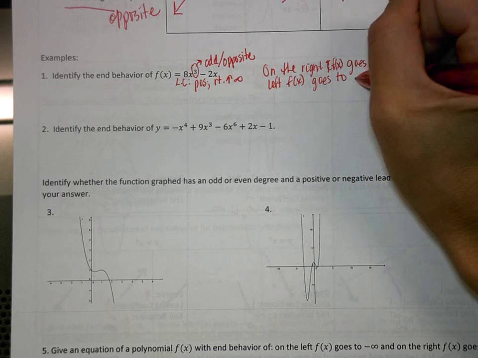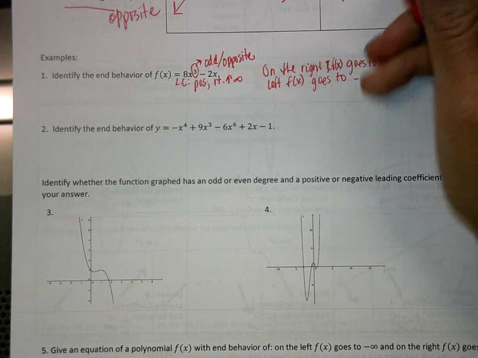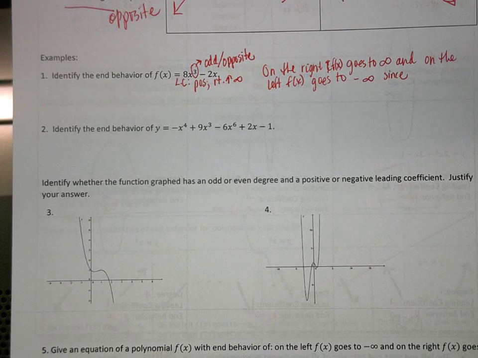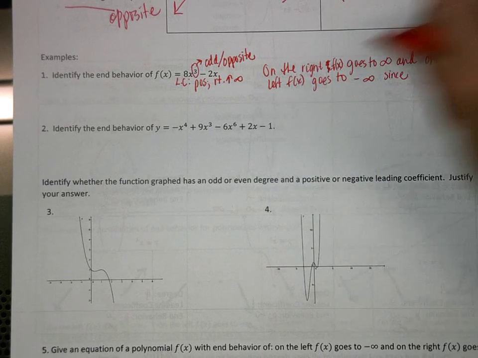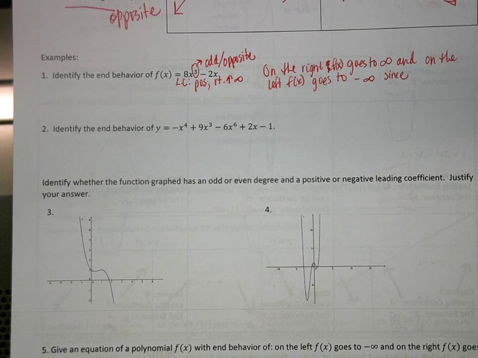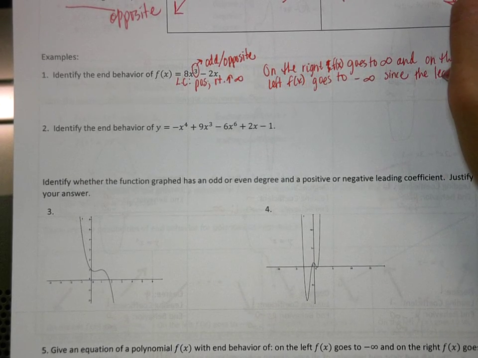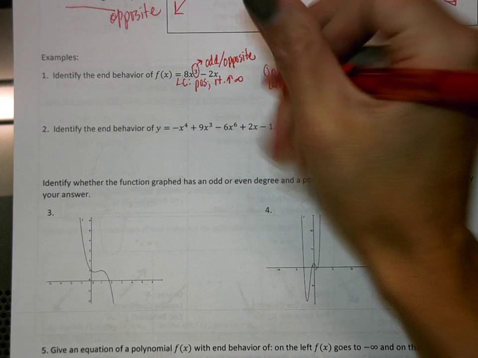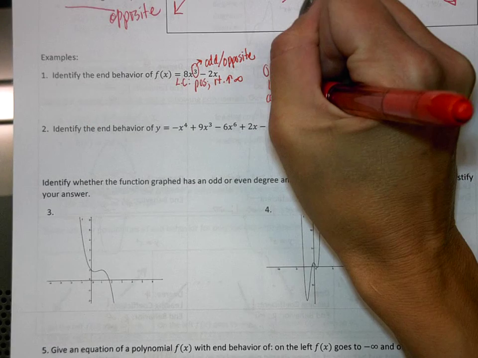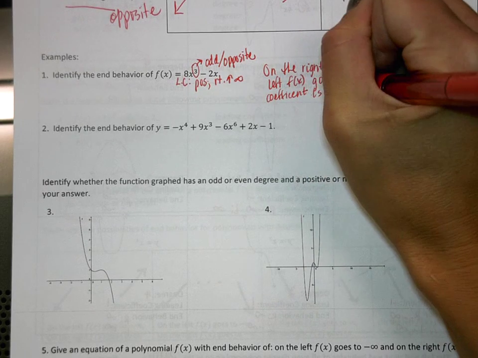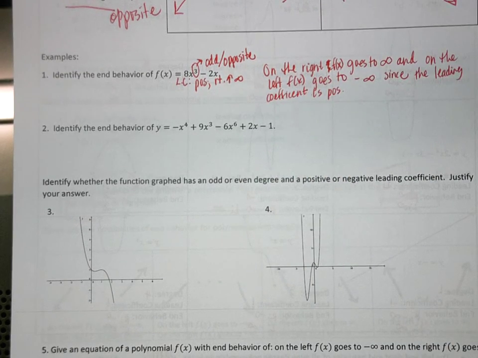Negative infinity, since, and this is how we tell them how we know. Okay, so we know that on the right, f of x goes to positive infinity, and on the left, f of x goes to negative infinity, since the leading coefficient is positive, and I'm going to abbreviate there, and the degree is odd.